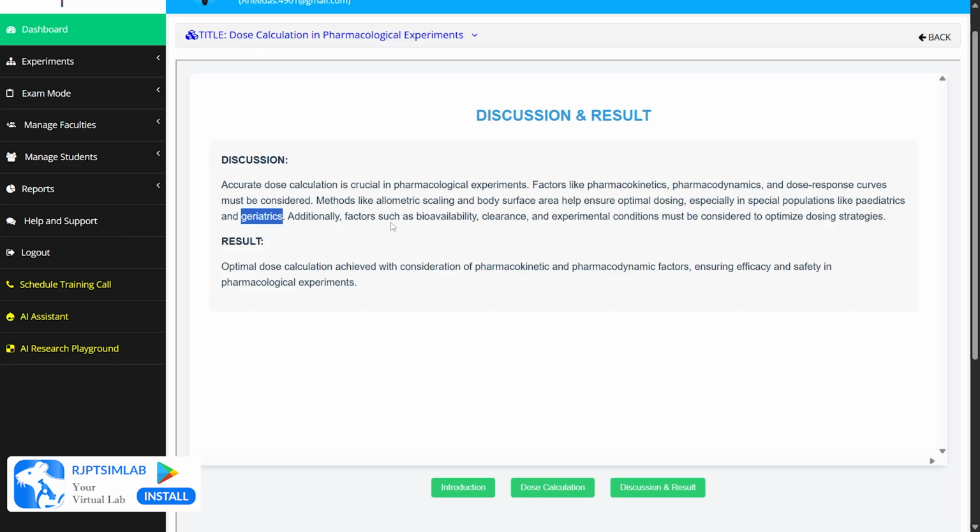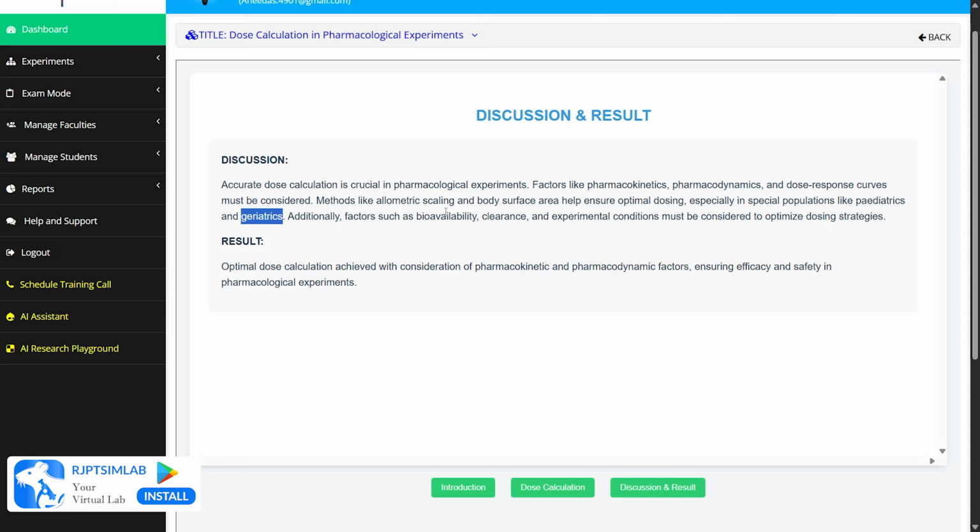And additionally, factors such as bioavailability, clearance, and experimental conditions. What is bioavailability? Bioavailability is the amount of drug reaching the systemic circulation in an unchanged amount from the site of administration, which means the amount of drug that we administered to a patient that reaches its systemic circulation in an unchanged amount.